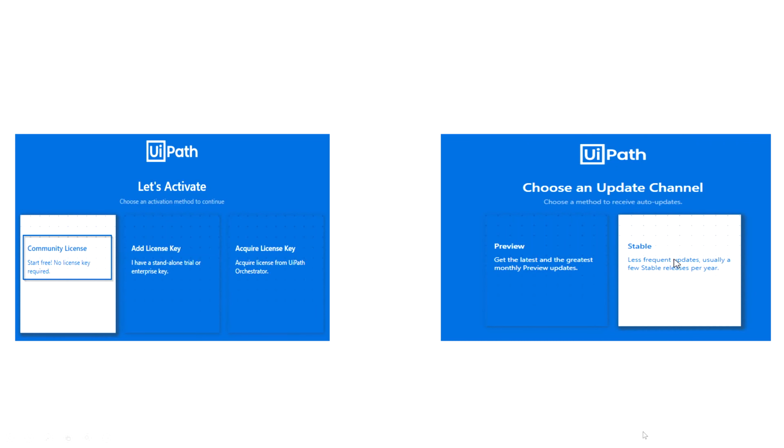Next, after that you are going to be taken to another UI. Here you can select either stable or preview. I prefer to select stable. After this you complete all the things that have to be done after installing. Now you are going to open your UiPath Studio. This is how it actually looks.